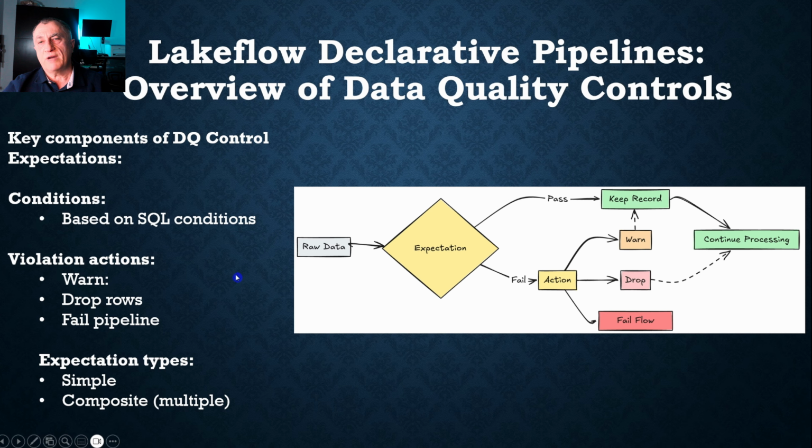And then you have to define one of the three action types that are provided here. Let me describe these actions. Two of these actions work on a row level, whereas the third one works on entire pipeline level. With warn actions, the rows that are violating your conditions are actually kept in your target dataset.